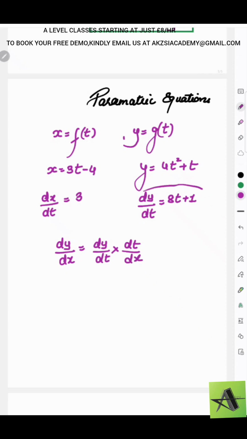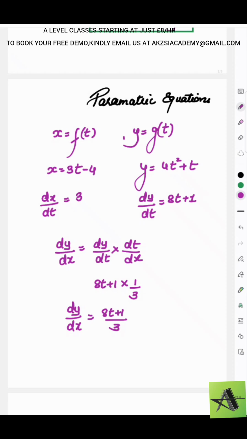We have already found dy over dt, which is 8t plus 1. So this will be 8t plus 1 times, this is dx over dt, we need dt over dx, so just reciprocate it and we'll get 1 over 3. So my final answer for dy over dx will be 8t plus 1 over 3. Obviously this answer will be in terms of t, but this is how you can connect them together.